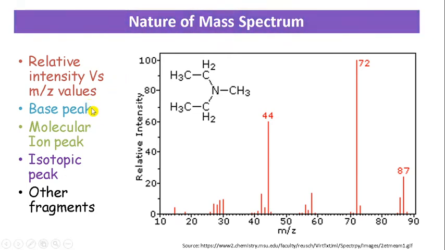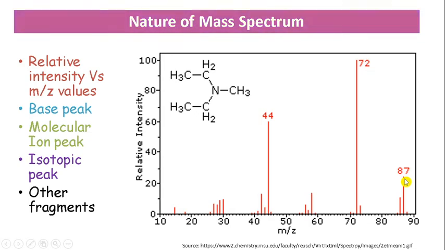So what is meant by base peak? The peak having the most intensity in the mass spectrum is called the base peak, and this peak at 72 has more intensity than any other peak. That is why the peak at 72 is called the base peak. Next one is the molecular ion peak.